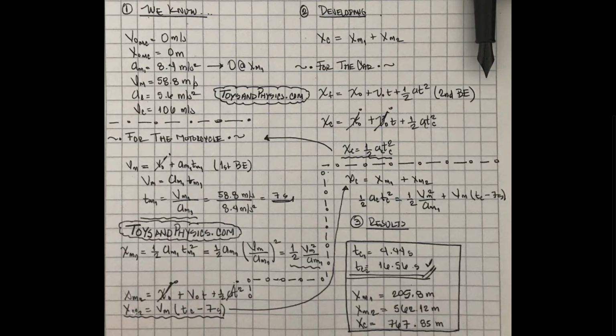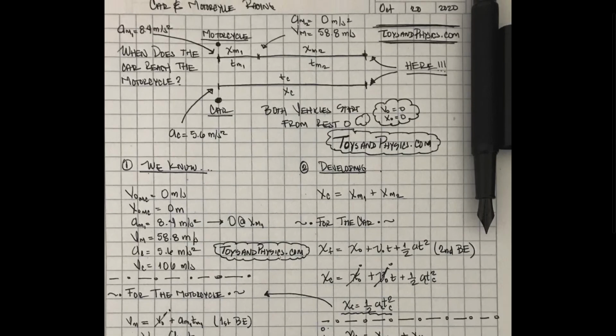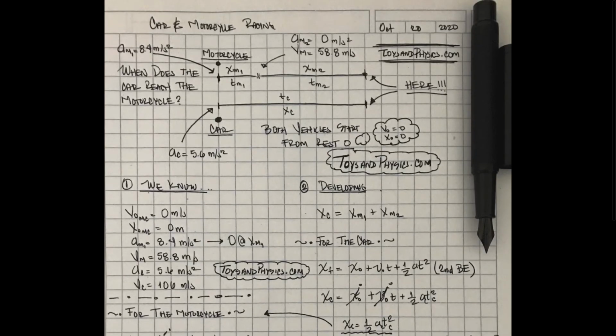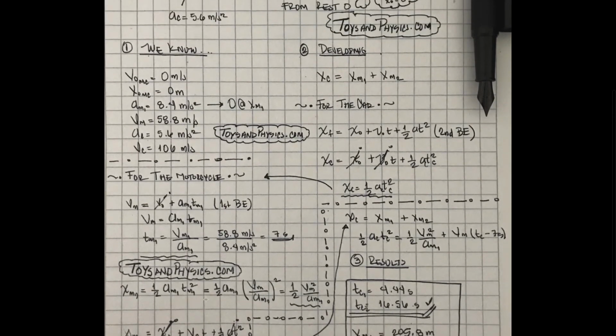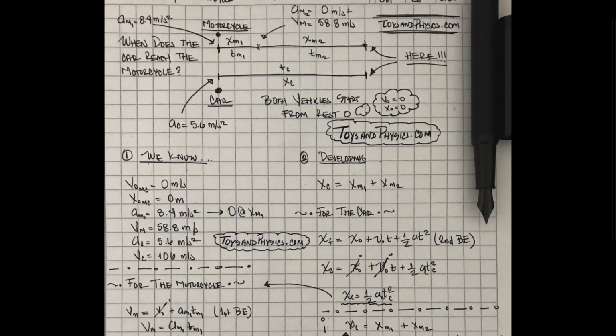So you can now know that XM2 equals VM, which is the velocity for the motorcycle, which is, by the way, the velocity it's using from here to here, multiplied by the time it takes the motorcycle to reach this spot from here to here.